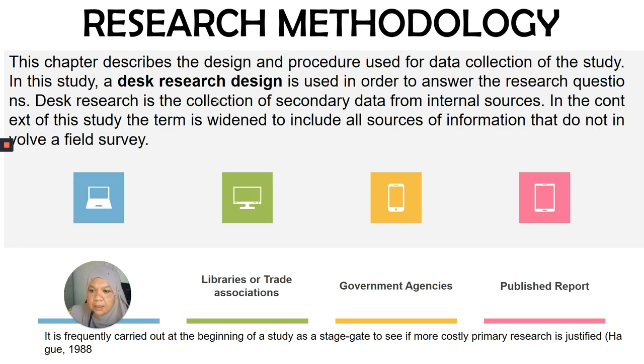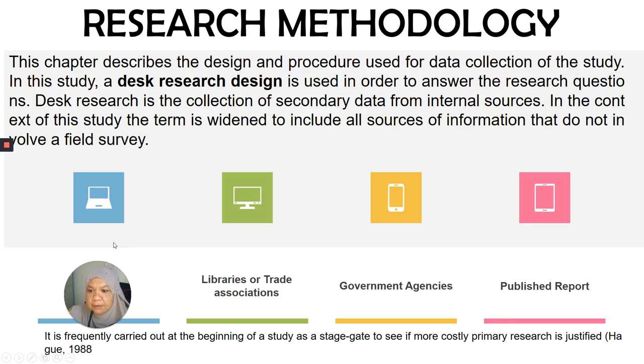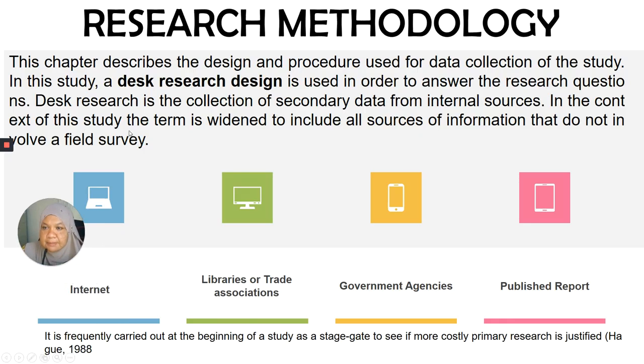For my research method, this chapter describes the design and procedure used for data collection in this study. A desk research design is used in order to answer the research questions.